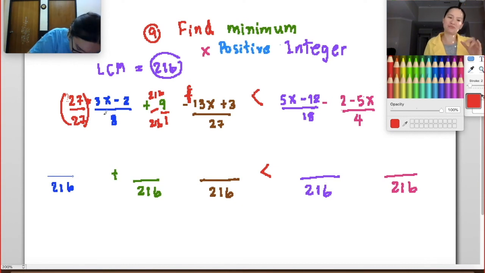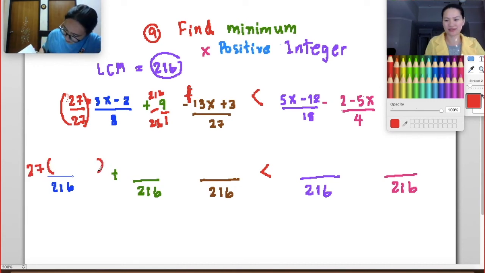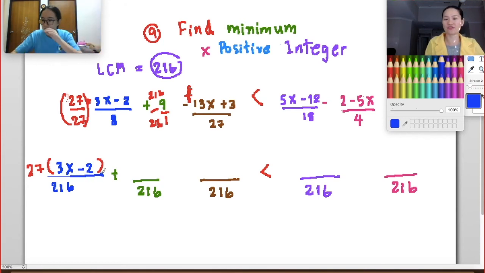But I try to make it easy for you, so I write it down like this: 27 multiplied with 3x minus 2. I write down the concept for you so you understand, and then I delete this.